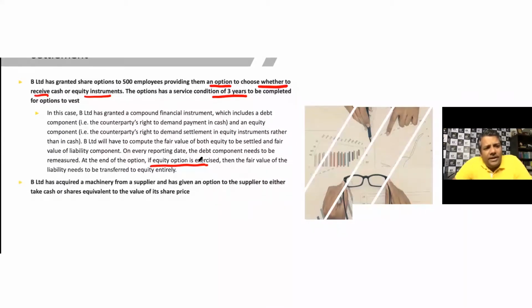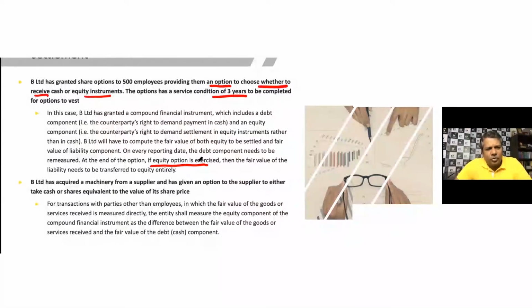Now, B Limited has acquired machinery from a supplier and has given the supplier an option to either take cash or shares equivalent to the value of its share price. So essentially the same thing. I'm giving you a transaction with a cash alternative, in which the fair value of the goods or services is measured directly.